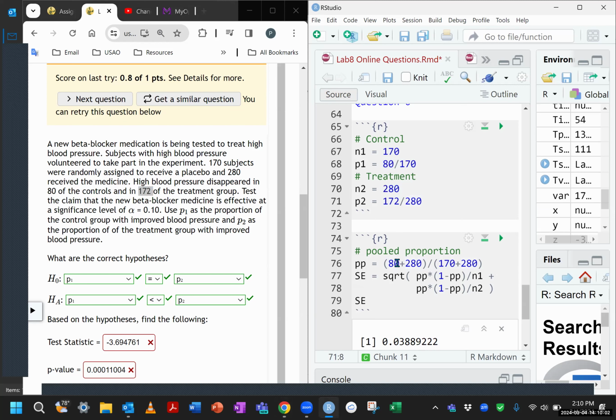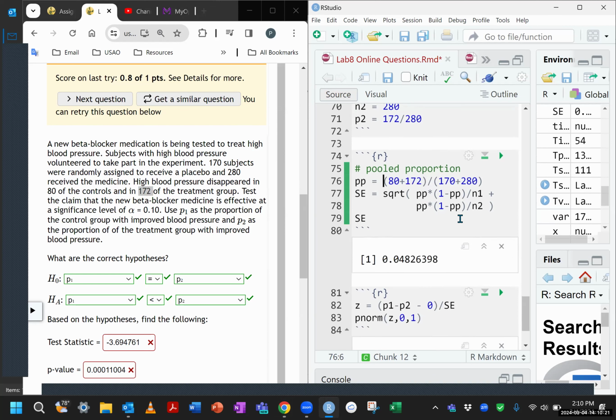So I made a mistake here. We got 80 and 172 in the treatment. Made that mistake. So these are the number of 80 plus 172. That's the number of people that had decreases in blood pressure. Yeah, high blood pressure disappeared.